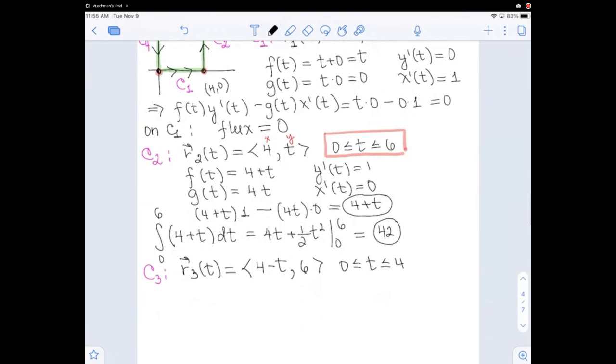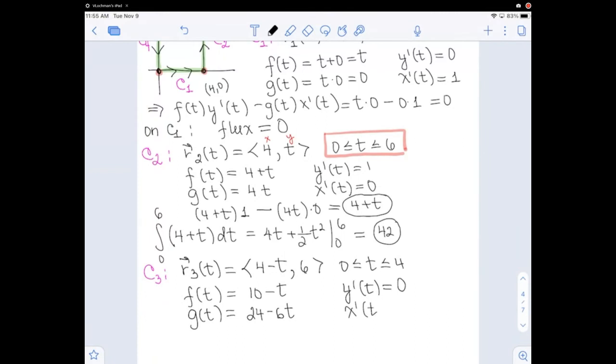Once again, we write our function f of t. That one is x plus y, so that will be 10 minus t. What about g of t? That one is x times y, so that's going to be 24 minus 6t. Y prime is 6 prime, that's 0.